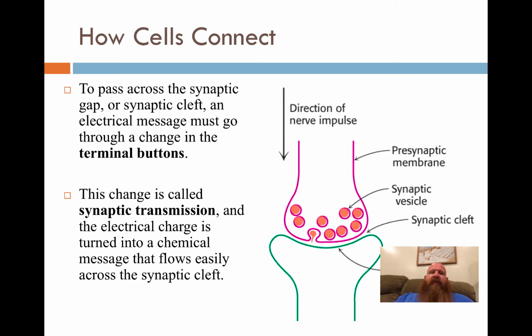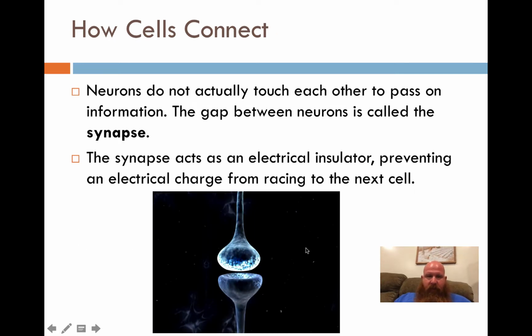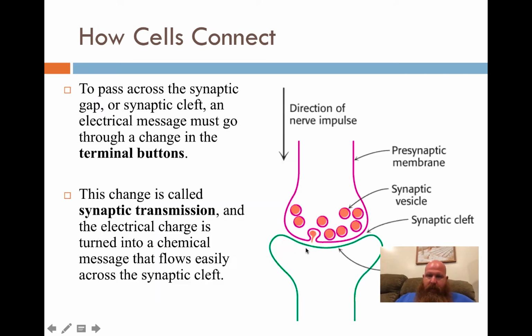To pass across the synaptic gap or the synaptic cleft, and that's what this whole area is, an electrical message must go through a change in the terminal buttons. So these areas here are called the terminal buttons.